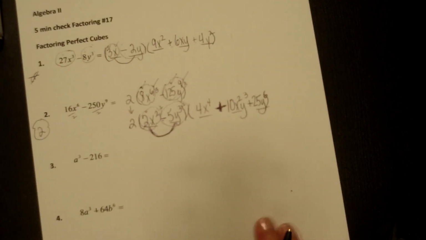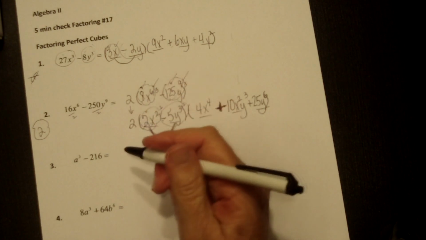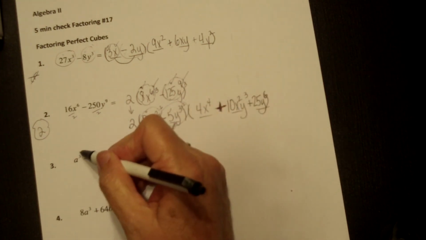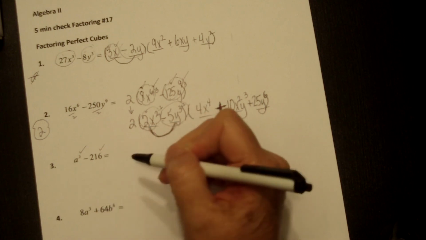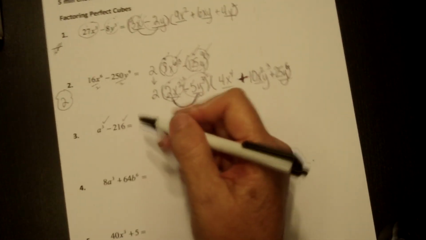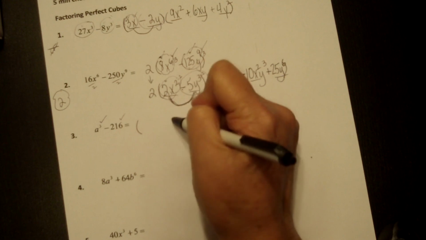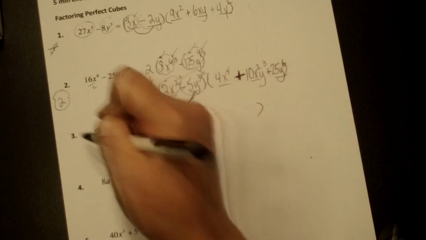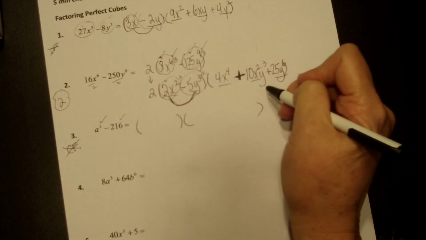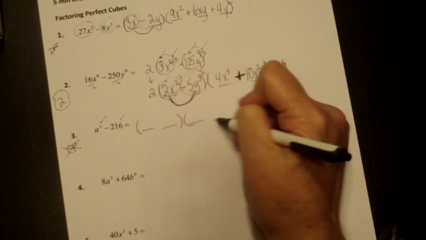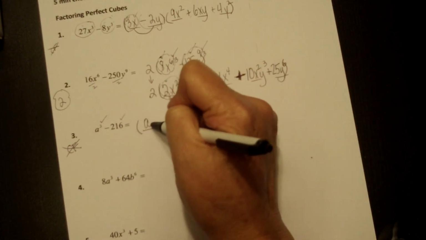Okay, number 3. Does it have a common factor? No. Are they perfect cubes? Yes. Cube root of 216, on our list a minute ago, we found out that was 6. Okay, so automatic. We looked for common factor. We did not have one. We have a little and a big. Cube root of a cubed, a.